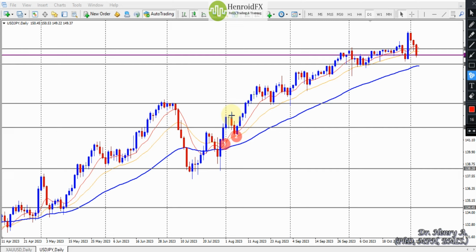Allow a bearish candle to take place. That's if you're a conservative trader. You don't want to waste time. I mean, you are not in a rush. Once you see the signal has come, they both crossed each other, then you have this candle. Some will enter at this point and buy, and the stop loss will be here.